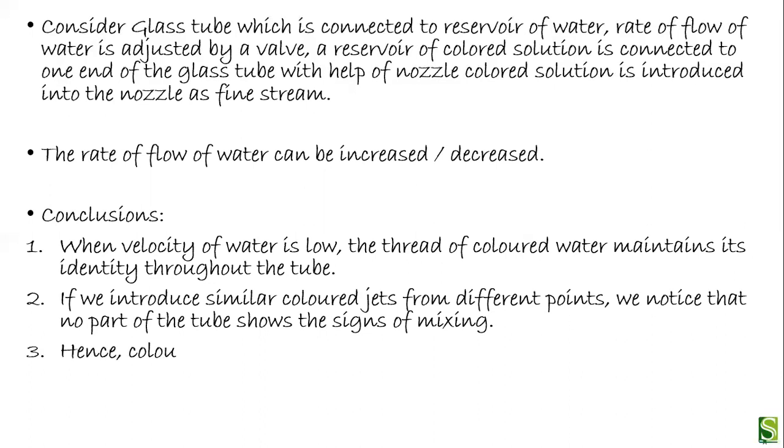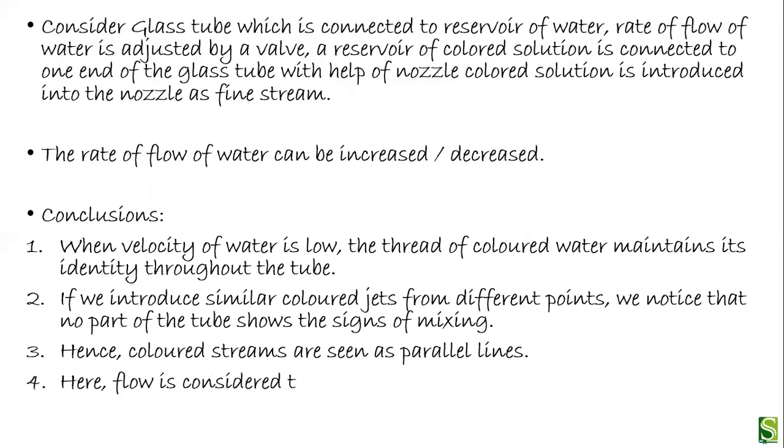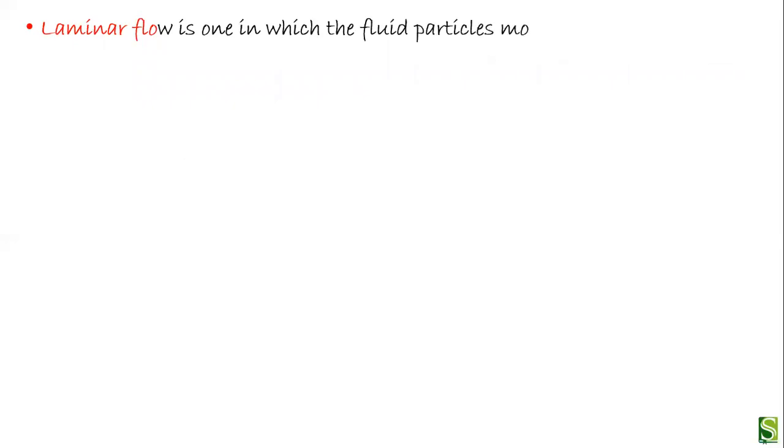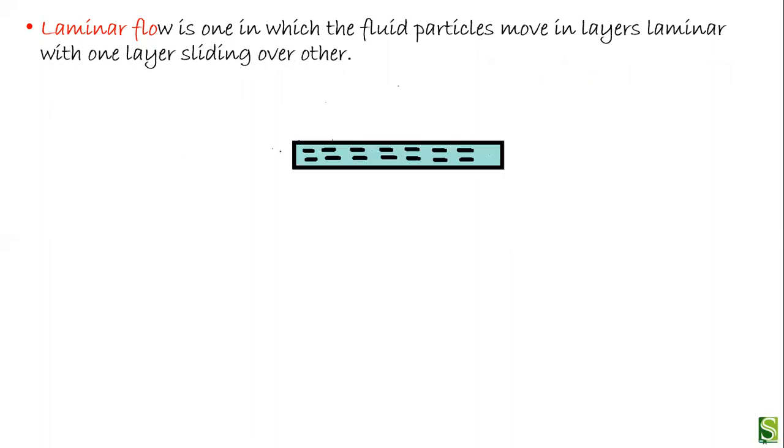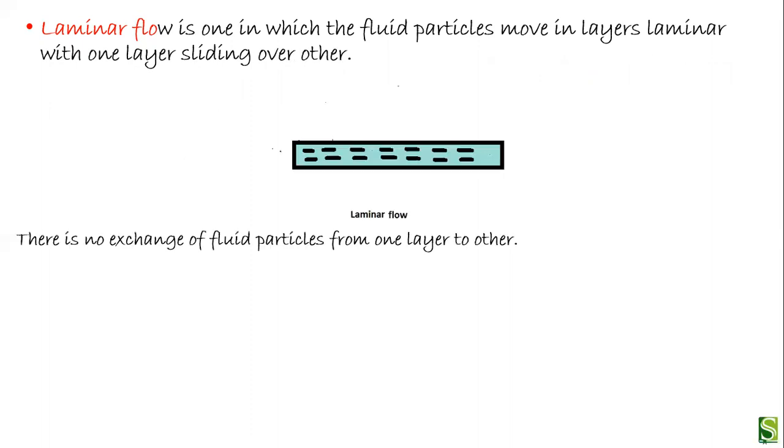Hence the colored streams are seen as parallel lines. Here the flow is considered to be viscous or streamline or laminar. The laminar flow is one in which the fluid particles move in layers, with one layer sliding over another.